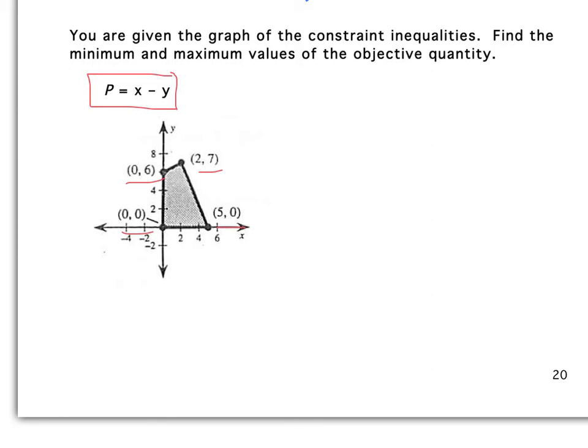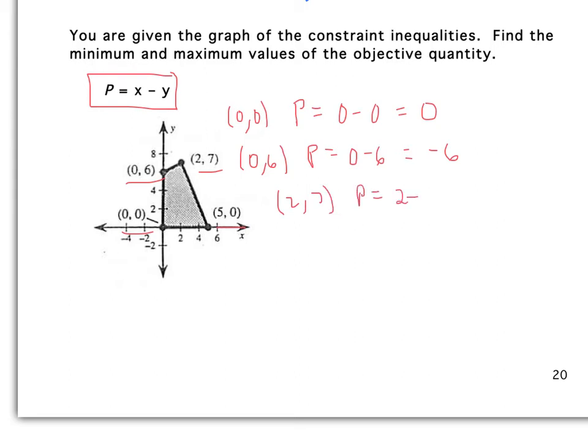So I'll just go in a clockwise direction. If I had (0, 0), P would equal 0 minus 0 or 0. If I had (0, 6), P would equal 0 minus 6 or negative 6. If I had (2, 7), P would equal 2 minus 7 or negative 5.